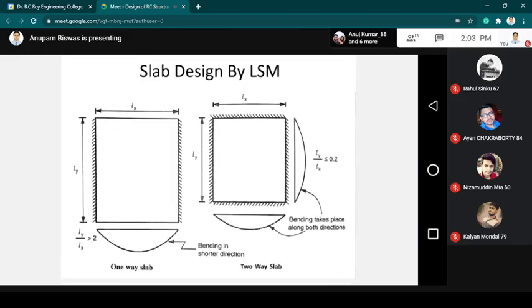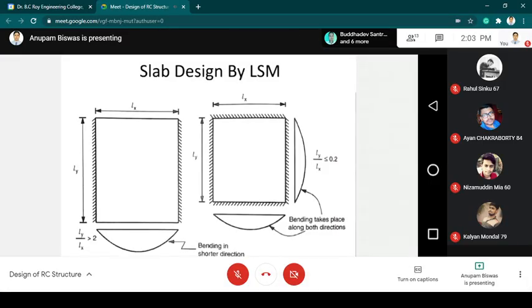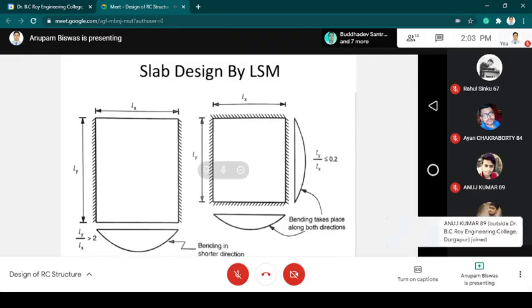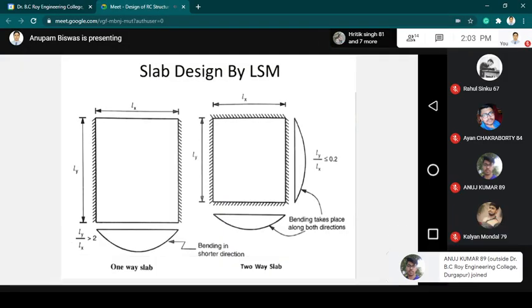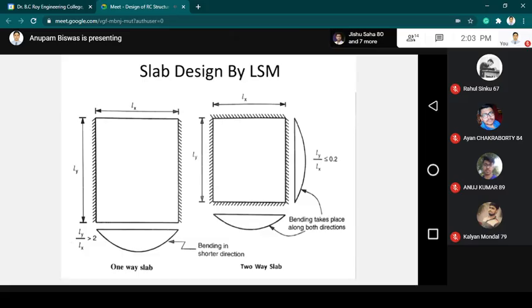So if you see the figure here, the one-way slab, which is rectangular in shape, has the longer direction Ly more than twice the shorter span direction.